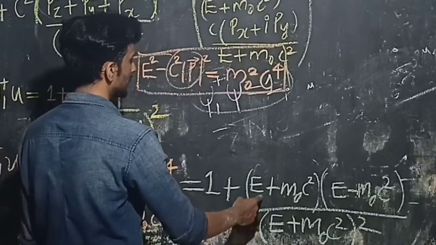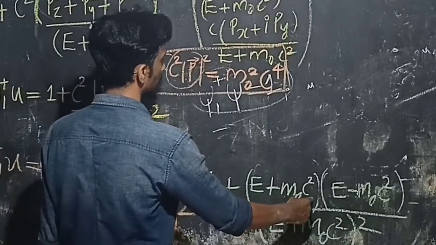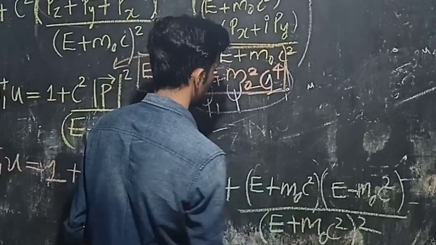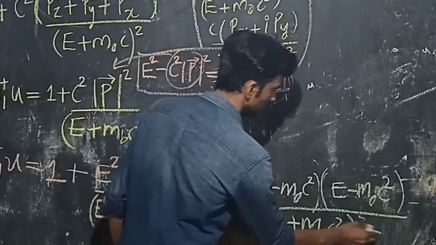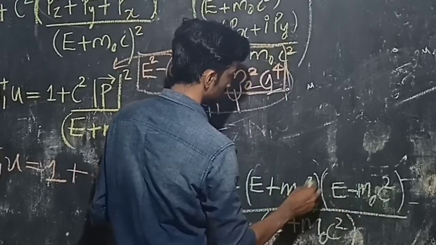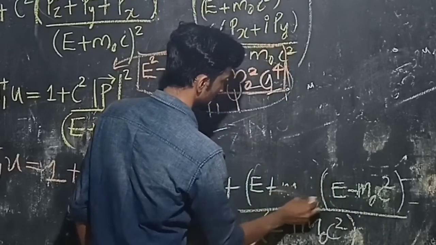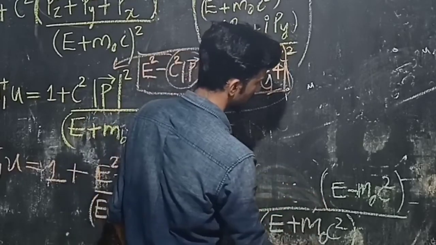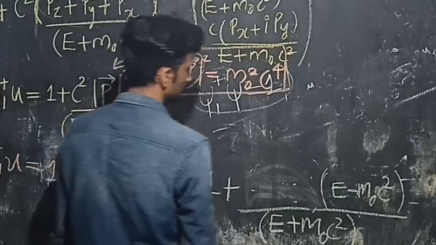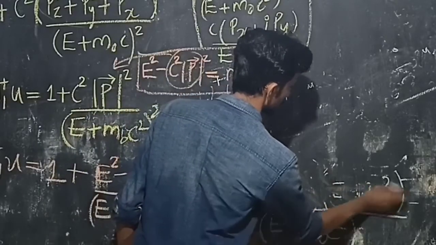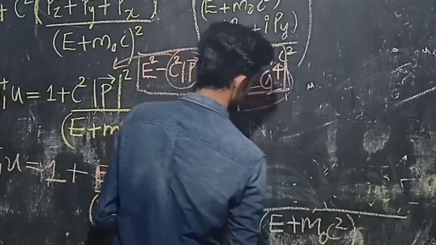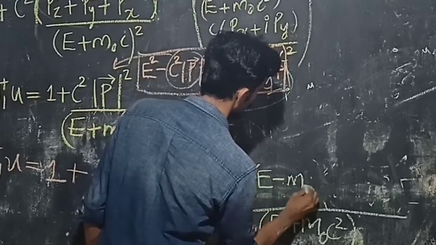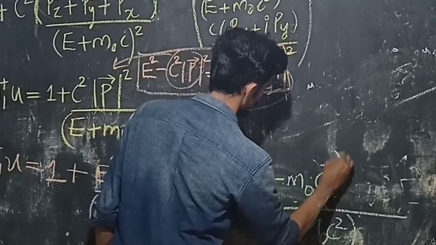You can simply cancel one E plus m naught c square from the numerator and also one from the denominator. That gives E minus m naught c square over E plus m naught c square.